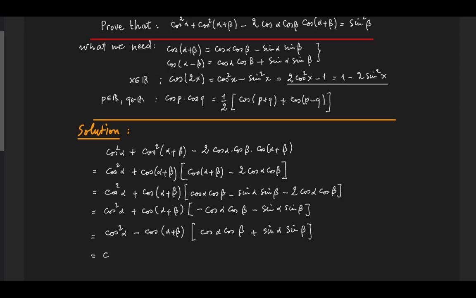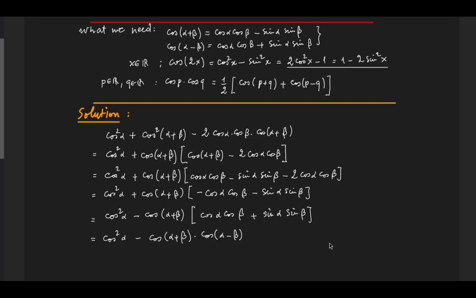So it's equal to cos squared alpha minus cos of alpha plus beta times cos of alpha minus beta. We have this product, so we use the last rule.